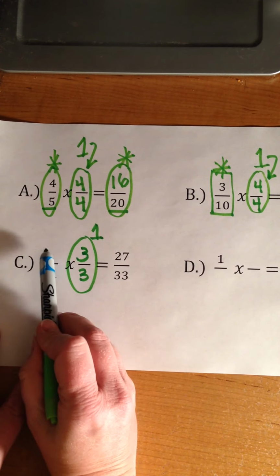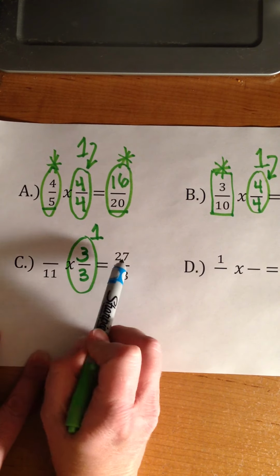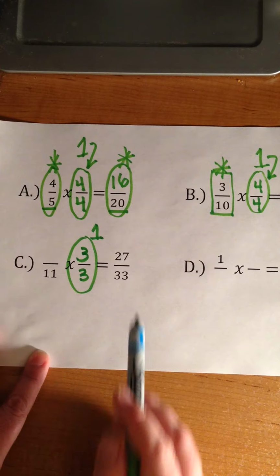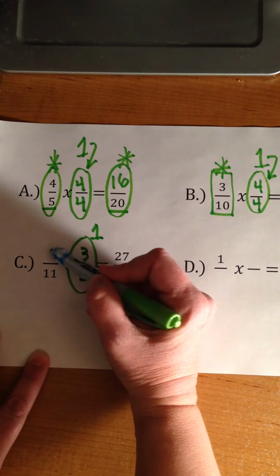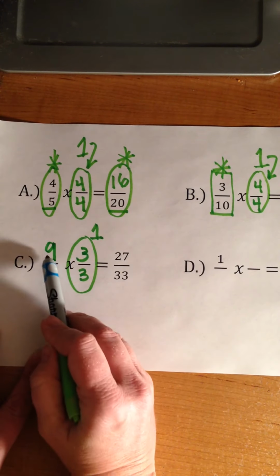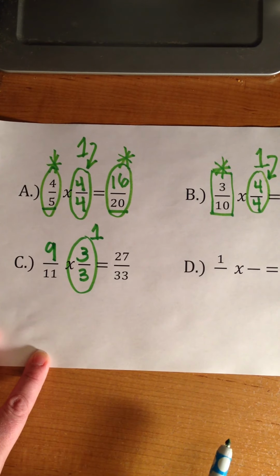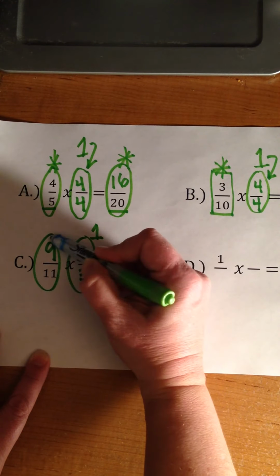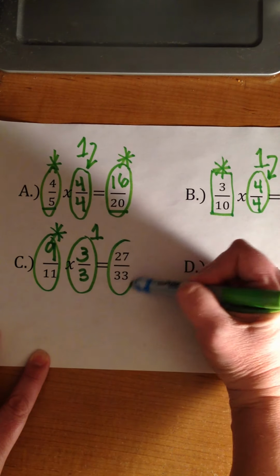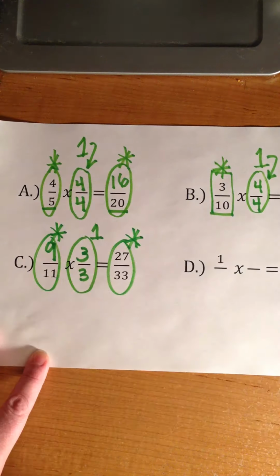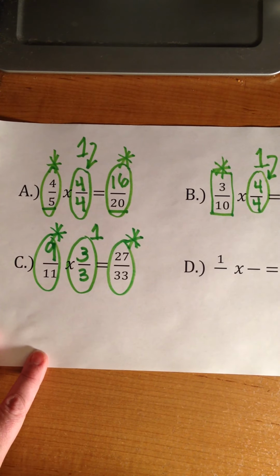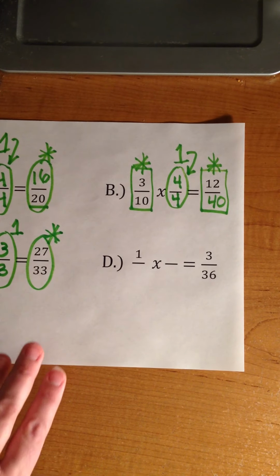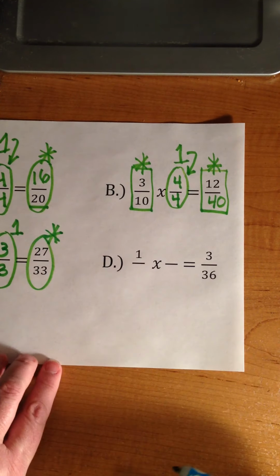So you ask, what number times 3 equals 27? Well, here you have to use the inverse property and divide. 27 divided by 3 is 9. So 9 times 3 is 27. So my missing numerator in this case is 9/11. So 9/11 is equal to 27/33.